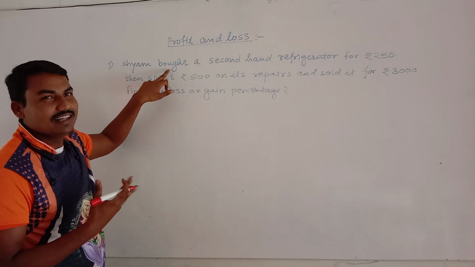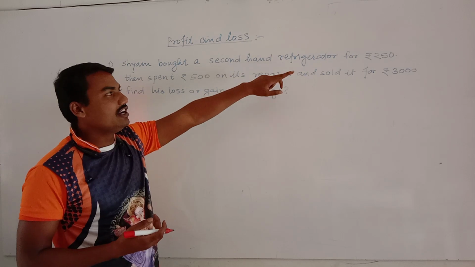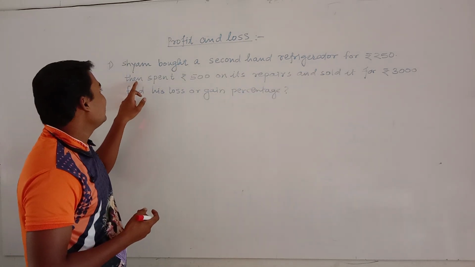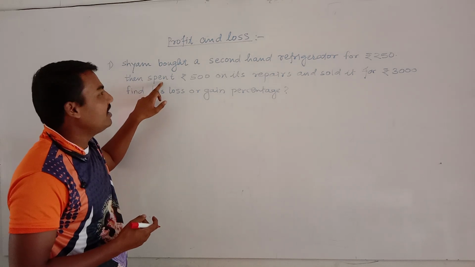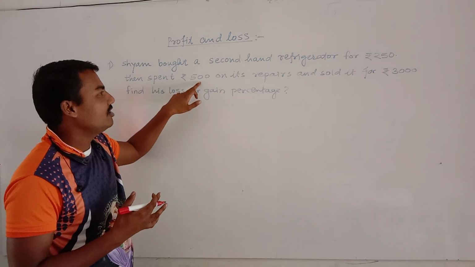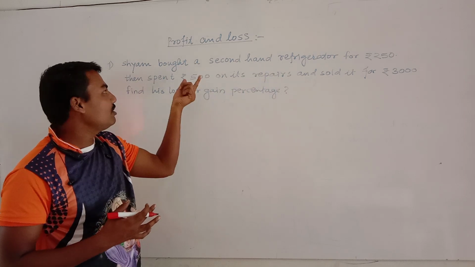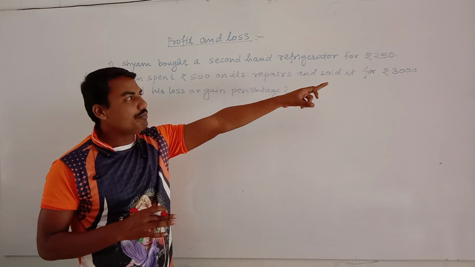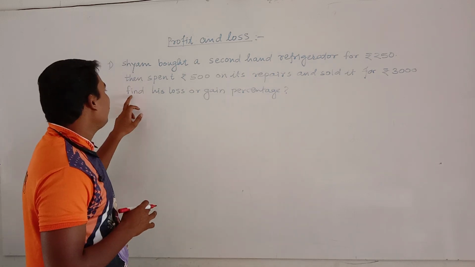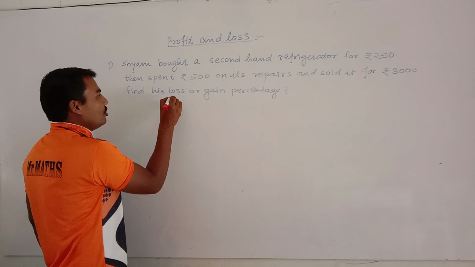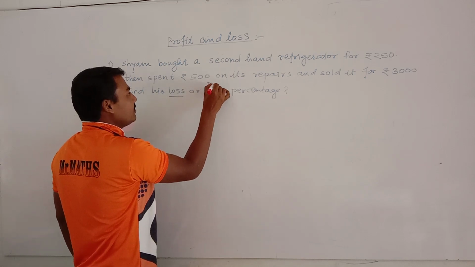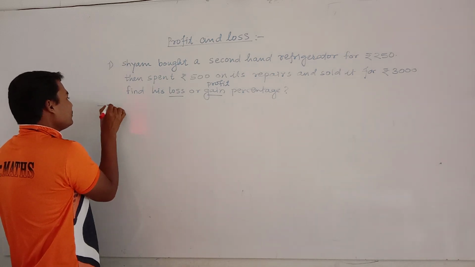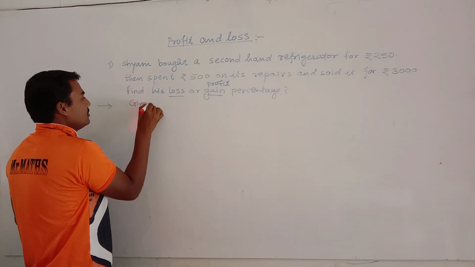Shyam bought a second hand refrigerator for rupees 250 and then spent rupees 500 on its repair, and sold it for rupees 3,000. Find his loss or gain percent. Loss or gain means profit. Gain means profit. Now given data we have.